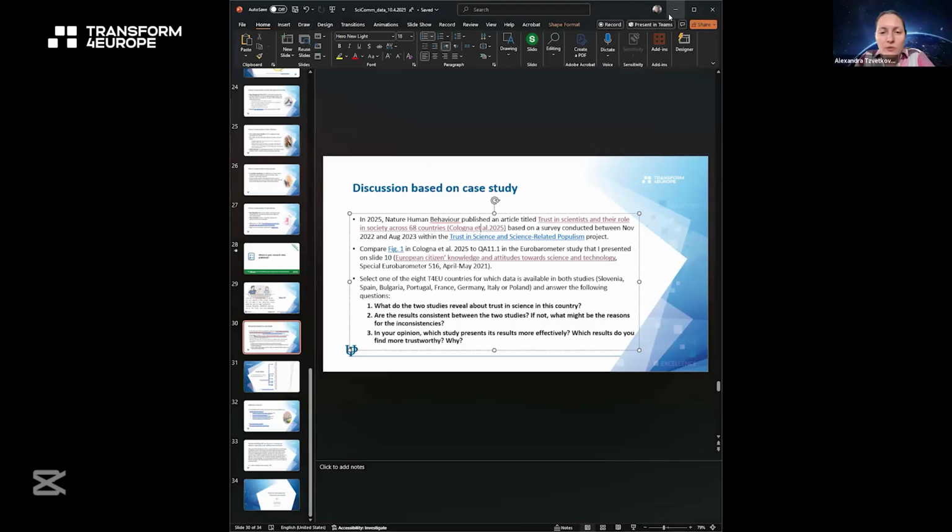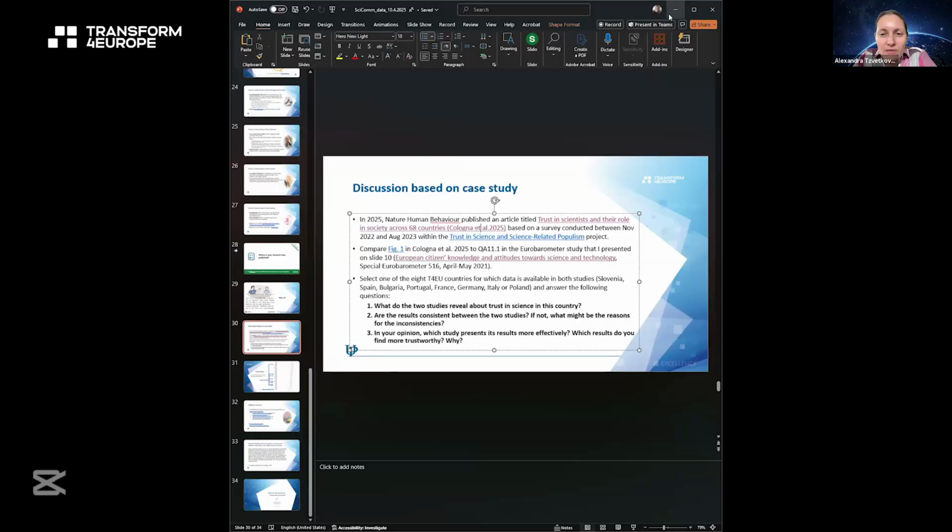So comparing the two studies, Bulgaria somehow ranks below the average of the European Union. In the first Nature study, Bulgaria's weighted mean score for trust in scientists was 3.45 on a 5-point scale, where 1 is very low trust and 5 indicates very high trust.